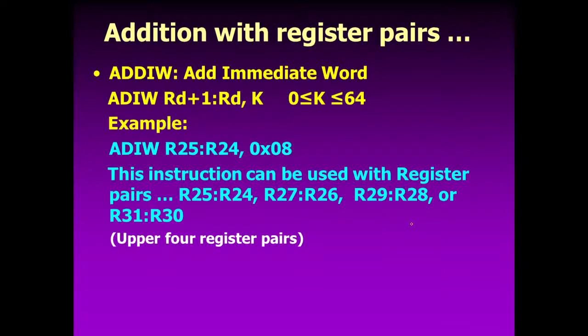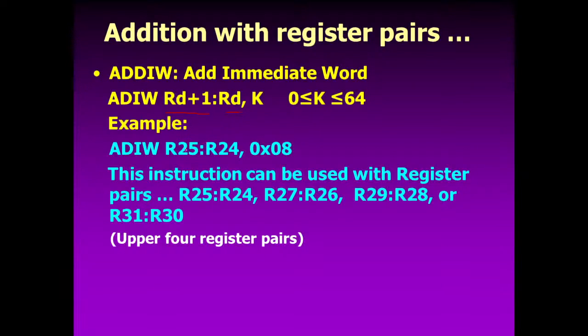Okay. Then it is also possible that we have a few addition instructions with register pairs. The previous addition was only for one register. It was not for a pair, so it was basically 8-bit addition. If you want a 16-bit addition, then you can use ADIW. ADIW is the instruction which takes the register pair Rd+1 and Rd.